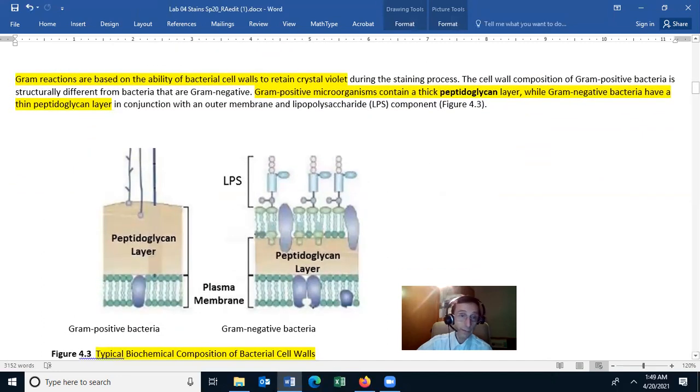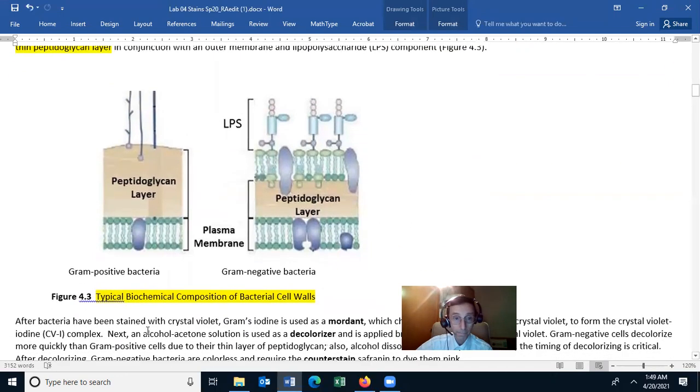The Gram reaction is based on the ability of the bacterial cell walls to retain the first dye of the Gram stain, which is crystal violet. Gram-positive microorganisms contain a thick peptidoglycan layer, shown here, and that thick peptidoglycan layer traps the crystal violet and the iodine, which I'll talk about briefly in a few minutes.